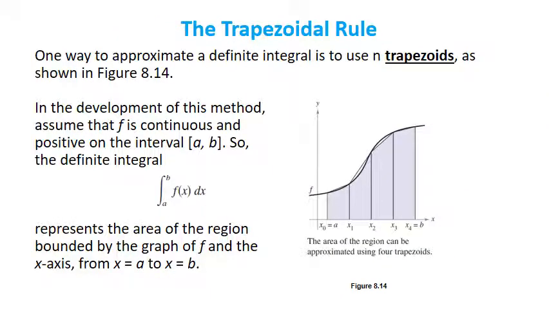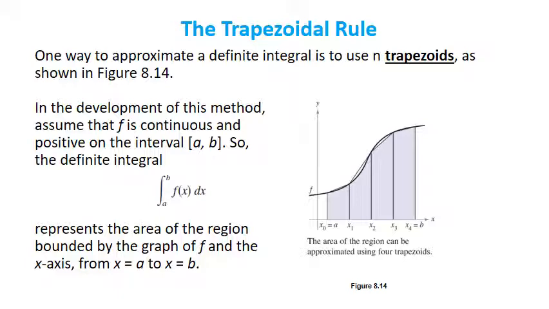So the first type of approximation method is by using trapezoids. And hopefully you can remember how to find the area of a trapezoid, but if not, I'll talk about that shortly. But basically what we'll do is we'll have some amount of trapezoids in some region, and we will add all of those trapezoids together.